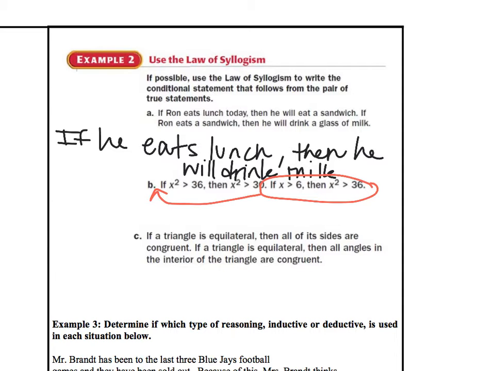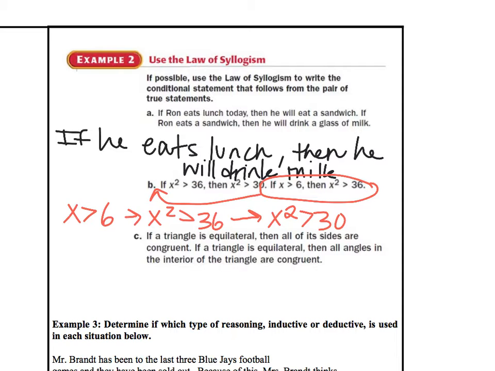So that would be if x is greater than 6, then x squared is greater than 36. If x squared is greater than 36, then x squared is greater than 30. So let's use the law of syllogism, since these are connected like in a train of events.